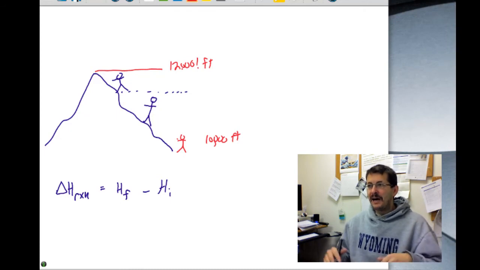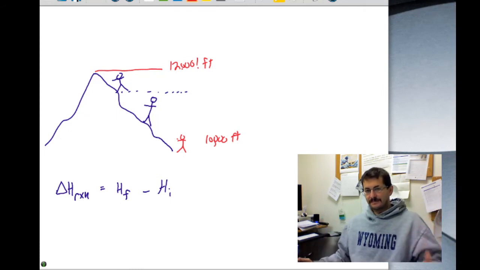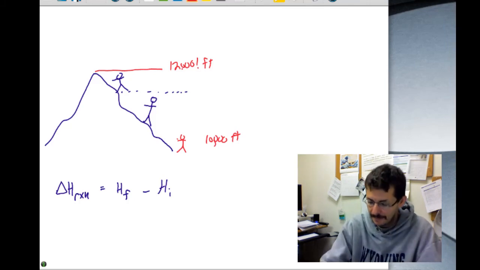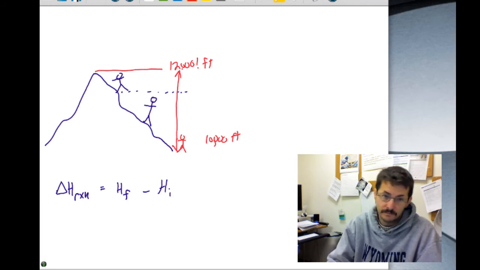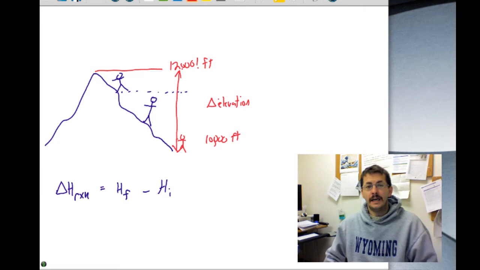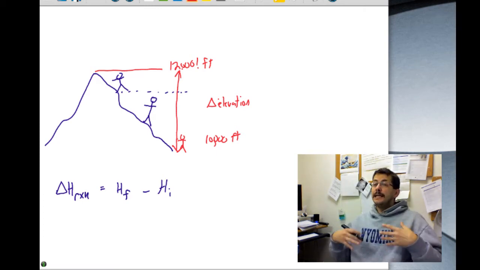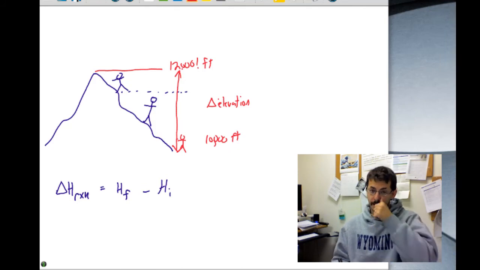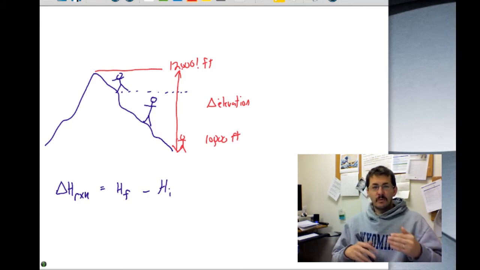So while elevation can be thought of as relative to where you start, the change in the elevation is still going to be the same. And so, like elevation, a material's enthalpy is on a relative scale.